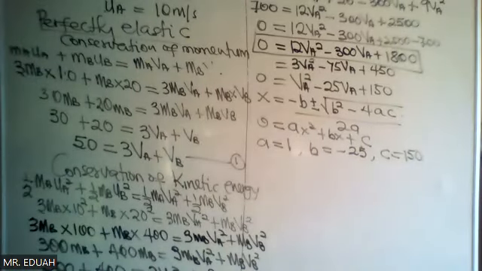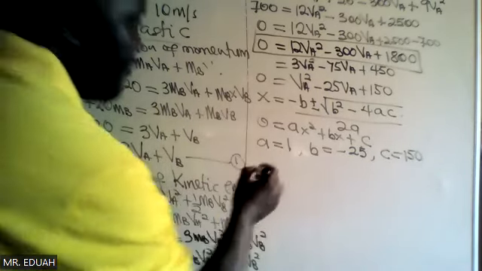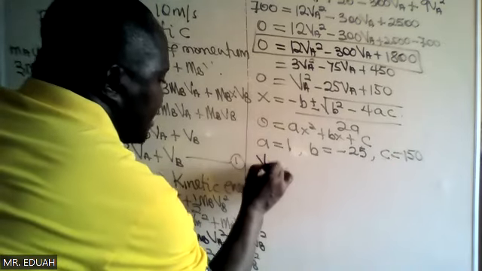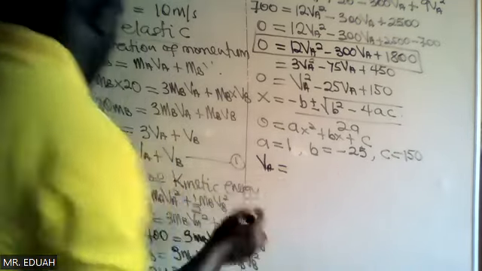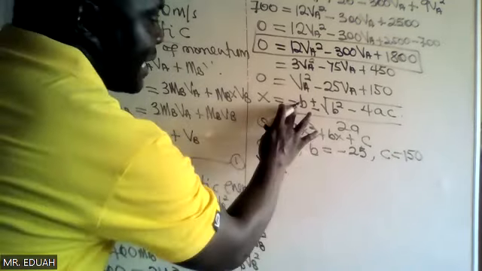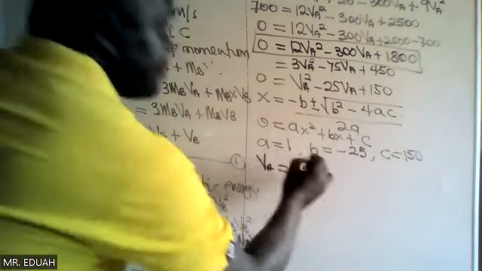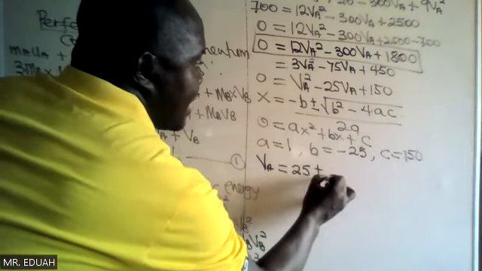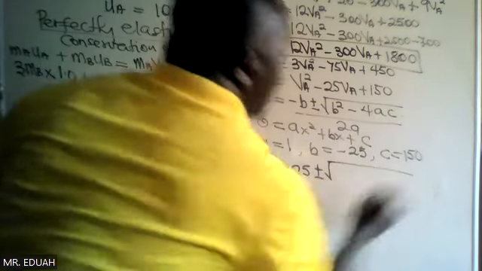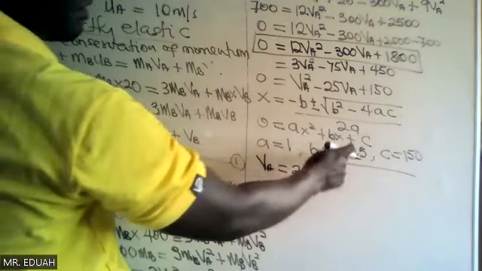Okay, so let's substitute it into the almighty quadratic equation formula to find VA. So x is VA. So VA is equal to minus, and we have B to be already minus, so it becomes positive. So minus negative 25, so positive 25, plus or minus the square root of negative 25 squared.